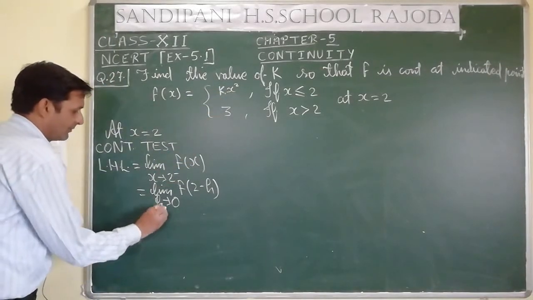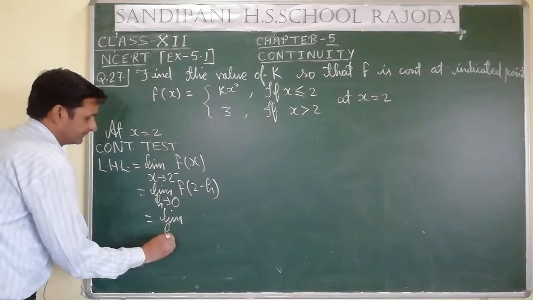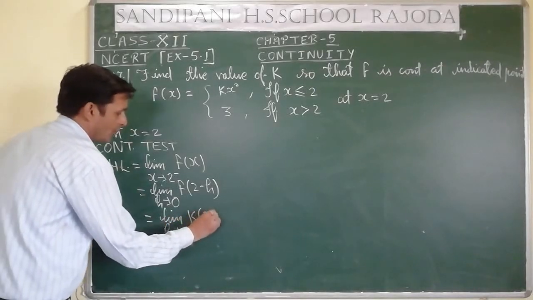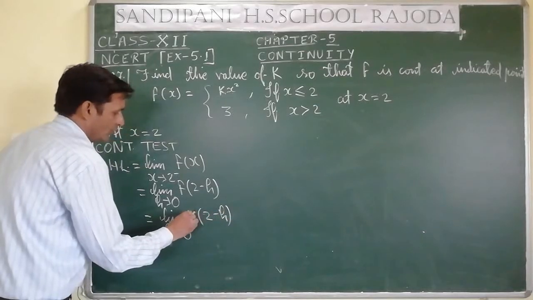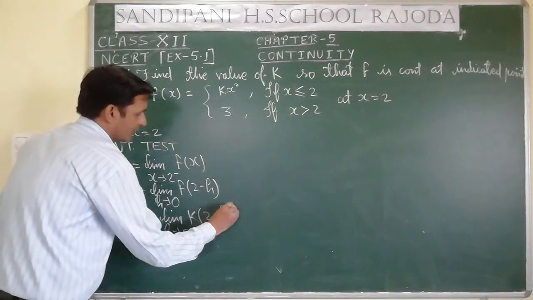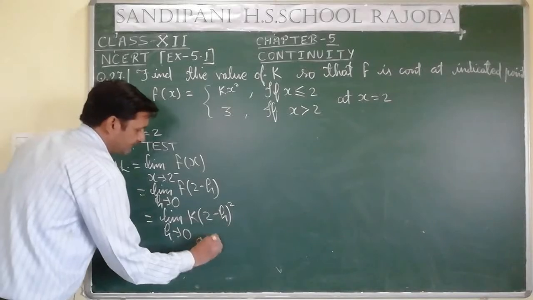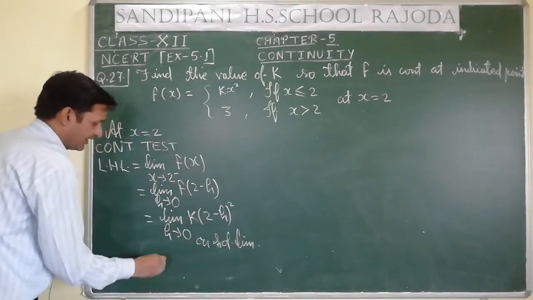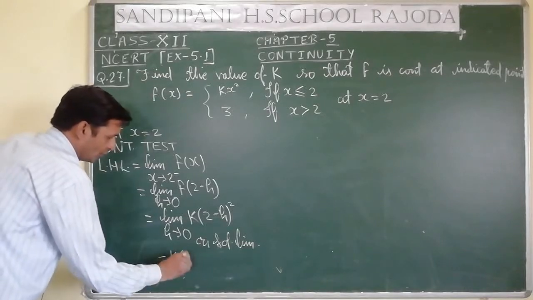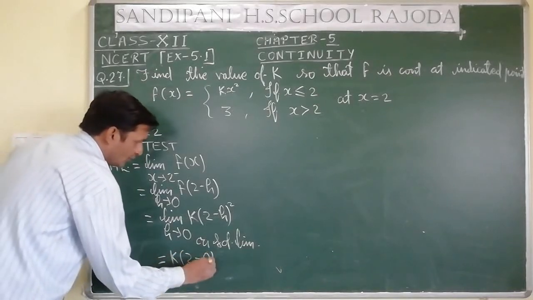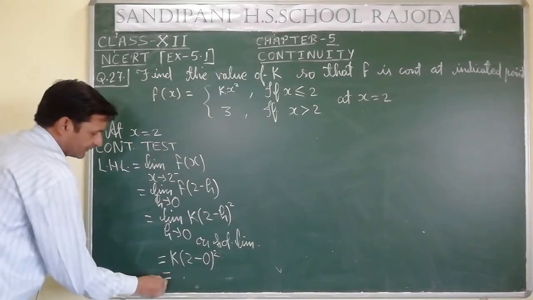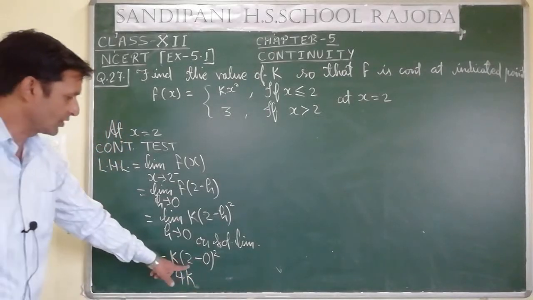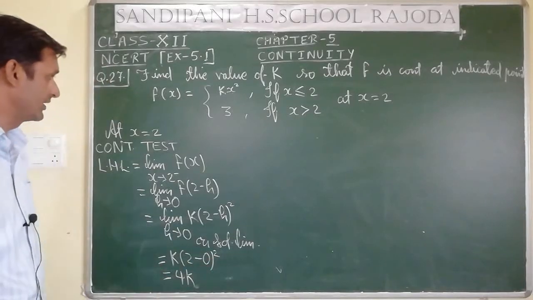So it is equal to limit h tends to 0 k into 2 minus h whole square. On solving limit, if we solve the limit here, then it will be k into 2 minus 0 whole square, that is equal to 4k. It is very clear because square of 2 is 4, 4k this will be.